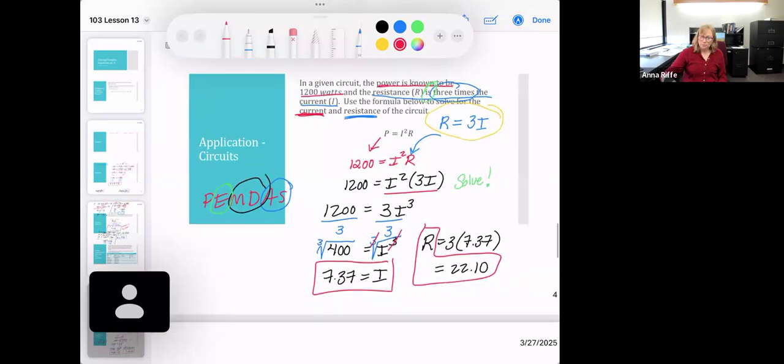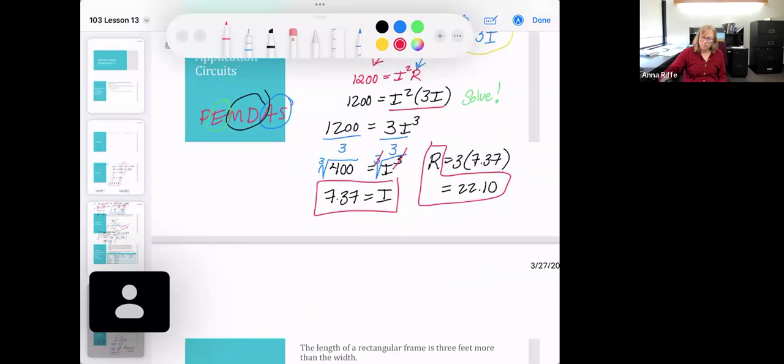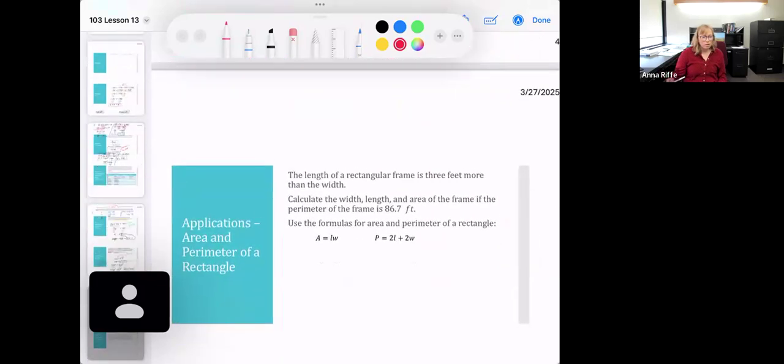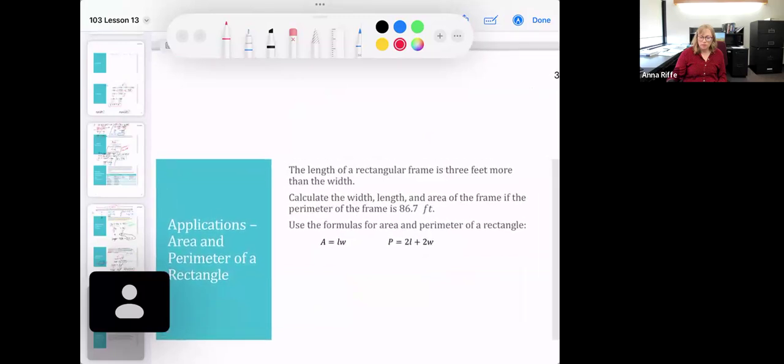Let's do another one. We're going to connect some of the ideas that we've talked about when it comes to perimeter, area, a little bit of geometry here.